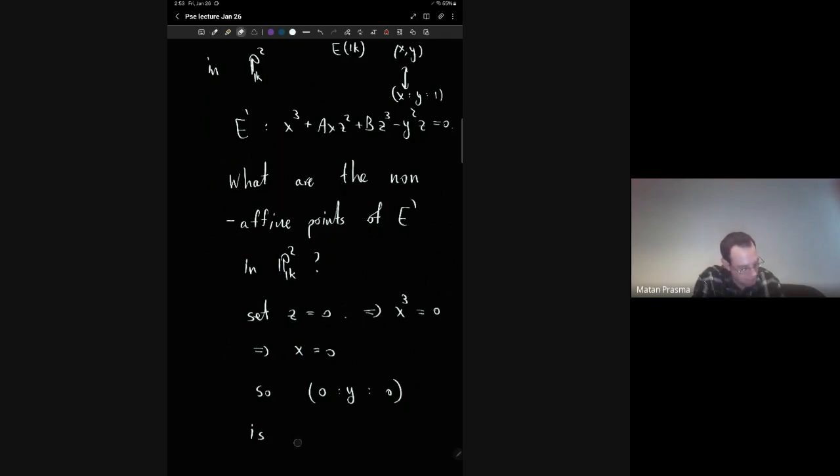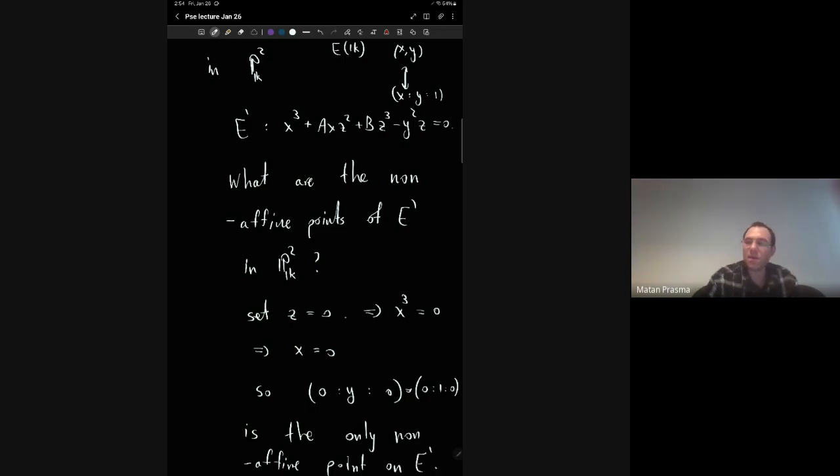Of course, (0, y, 0) is simply (0, 1, 0), the only non-affine point on E prime. Okay, and this is the so-called point at infinity.